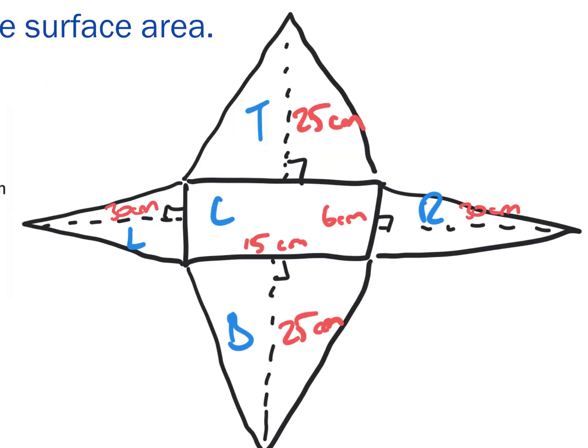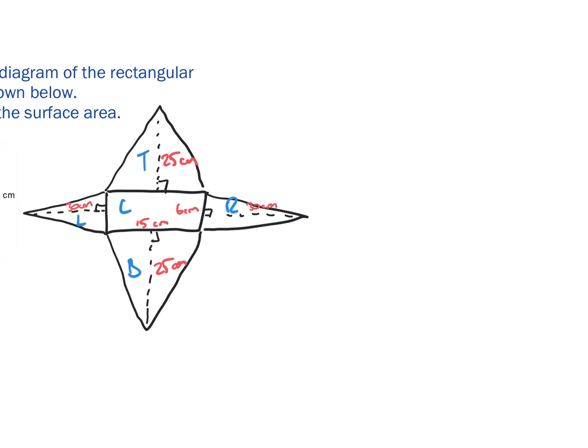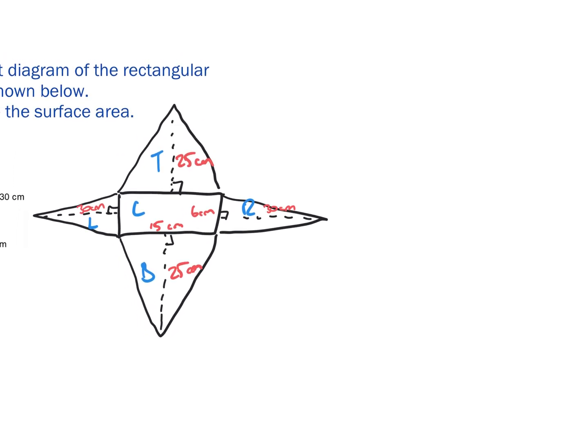So now we're going to find the area of each of these pieces. The area of the top is base times height divided by 2. So it's what times what? 15 times 25 divided by 2.